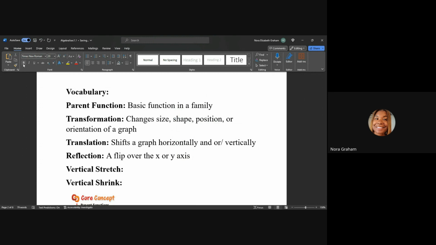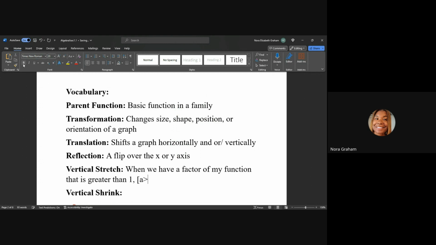And then our vertical stretch is when we have a factor that is greater than 1. An example of that, we'll see is something annotated as a, with a greater than 1.